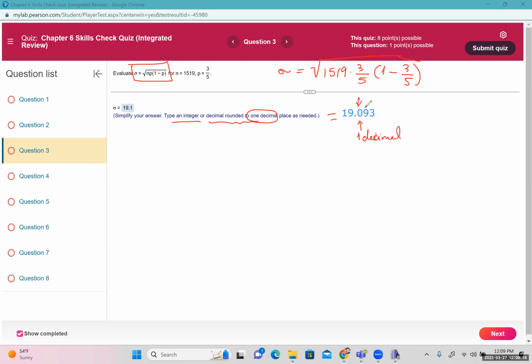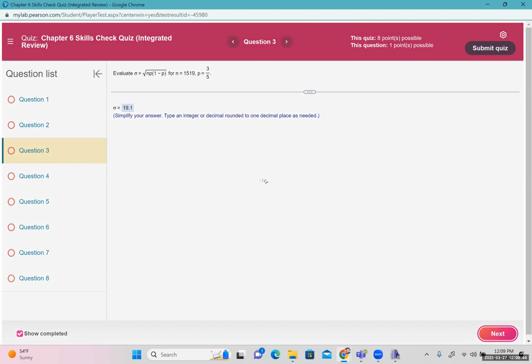And keep in mind that number 9 here, the second digit decimal, will affect this 0 to be number 1. So you will have 19.1. Yeah, so let's clean this up. Move to the next one.